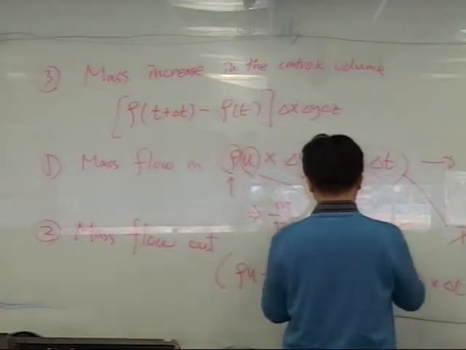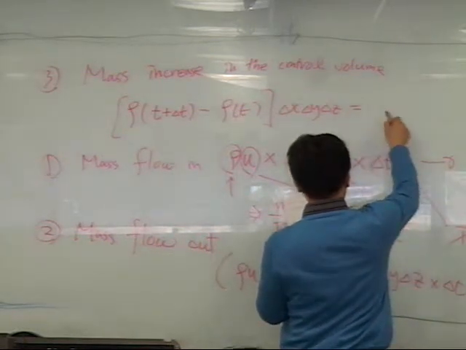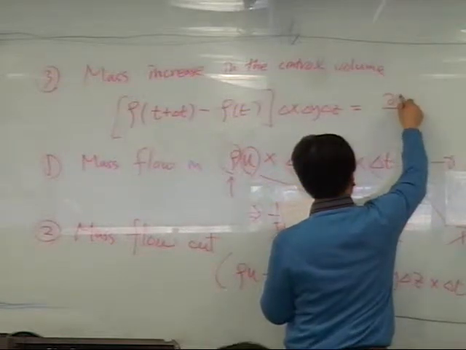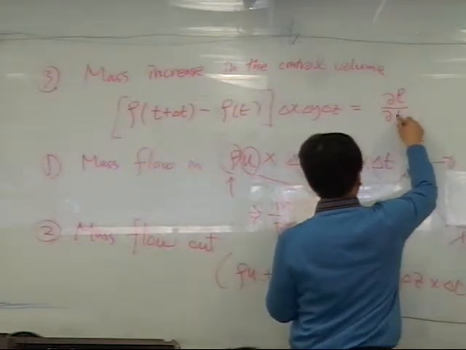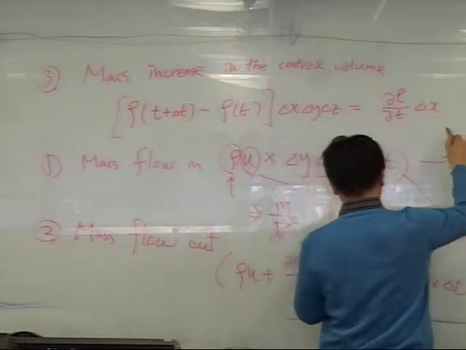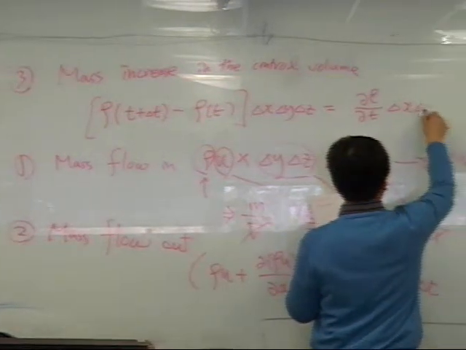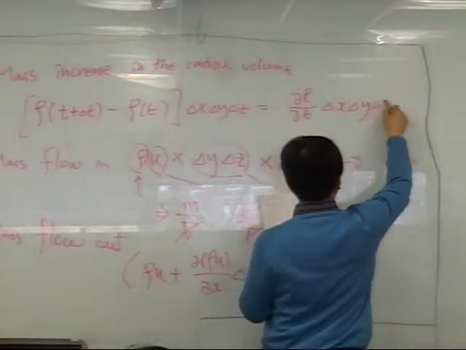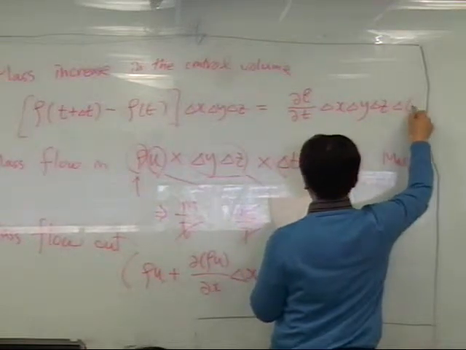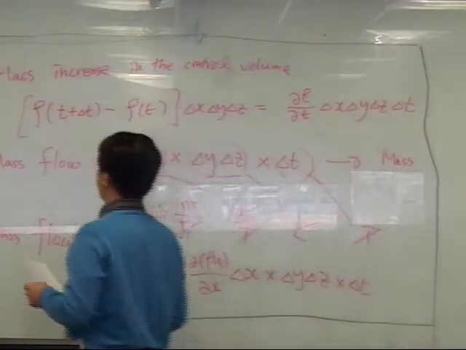Equal to partial rho partial t delta x delta y delta z delta t, right?